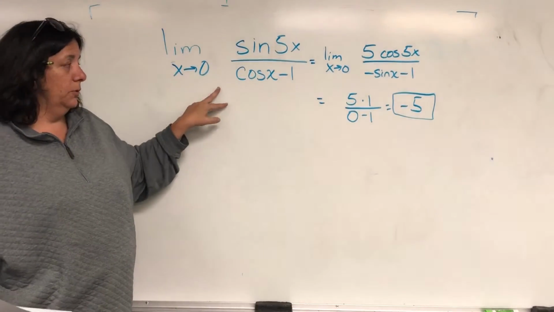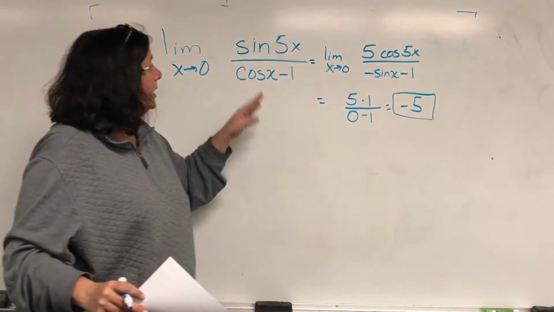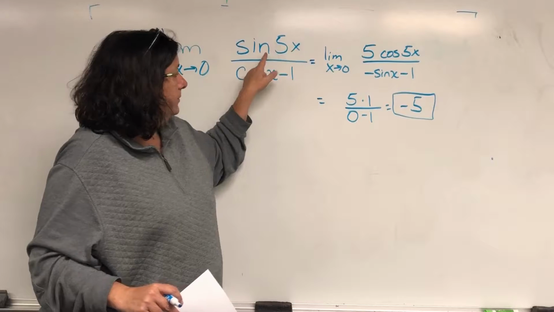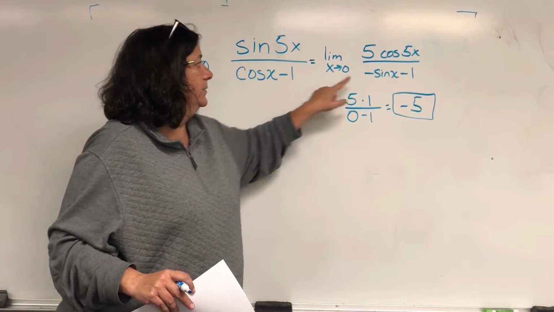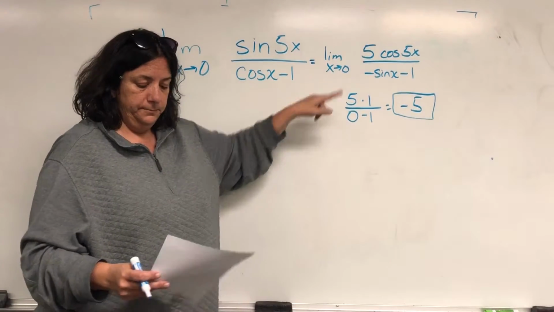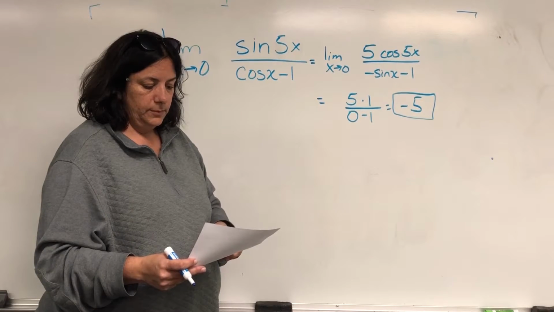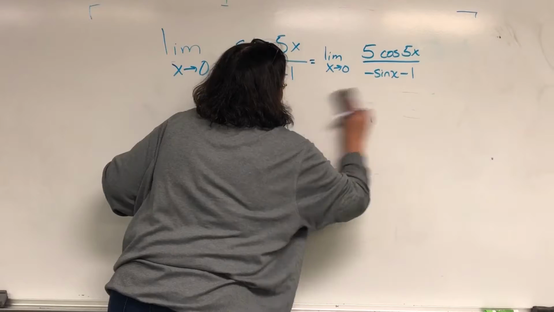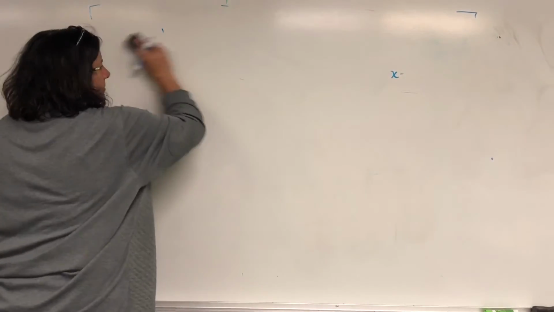Notice that isn't a quotient rule, right? It's exactly what we told you not to do when we were learning the quotient rule. But the limits actually work if you take the derivative of the numerator, derivative of the denominator, and then plug in. Okay, if you want a limit just to exist, it can't be a vertical asymptote.